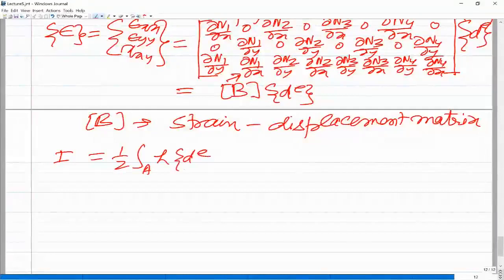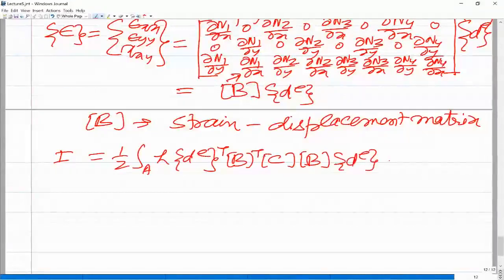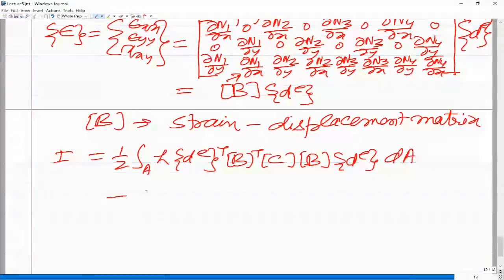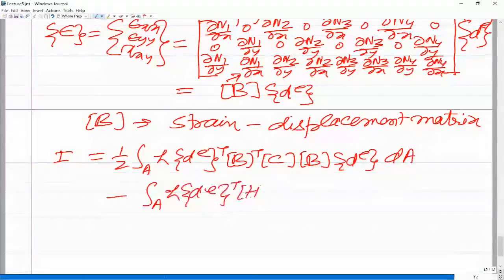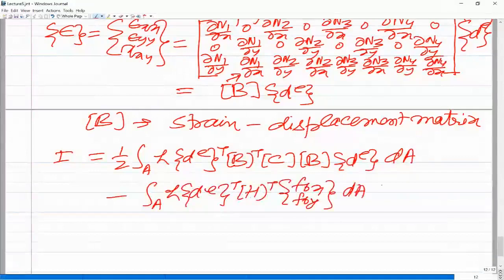So we will get here DE transpose into B transpose, that is epsilon transpose, and then we have C, the constitutive matrix, and again epsilon, so that will give you B into DE dA, minus we will have the integration over area, and then we have UV transpose, so DE transpose into H transpose into FBX FBY dA, minus we have integration over boundary, UV, so again DE transpose into H transpose into TX TY dS.